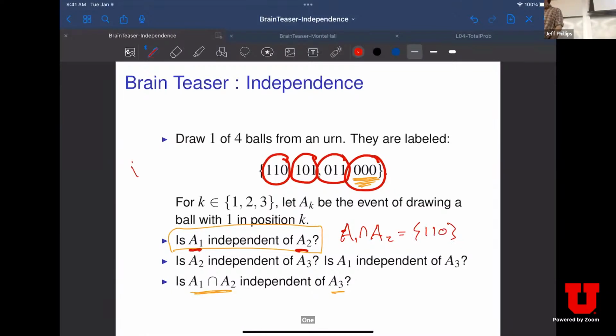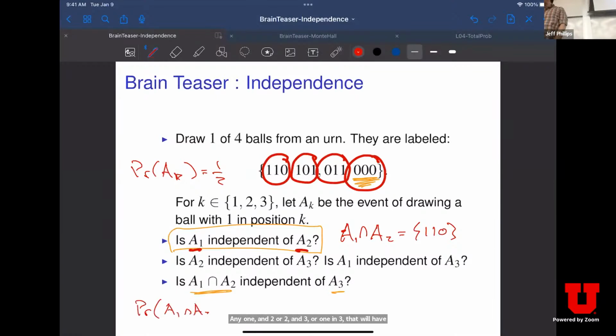So we have the probability of any event Ak is equal to 1/2. We also have that the intersection of any two of them, A1 and A2, or A2 and A3, or A1 and A3, will have probability 1/4.